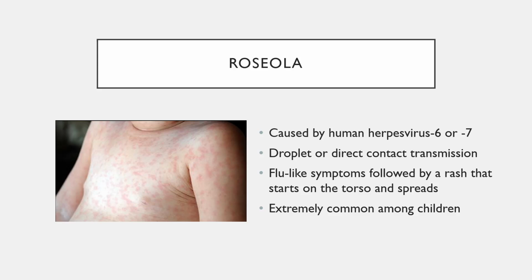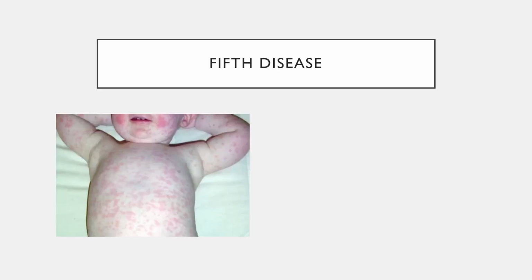And these are some features that it shares in common with our next disease, fifth disease. Fifth disease is named for the fact that it is the fifth of the childhood rash-causing illnesses that people used to get very commonly, including measles, rubella, roseola, scarlet fever, and fifth disease.